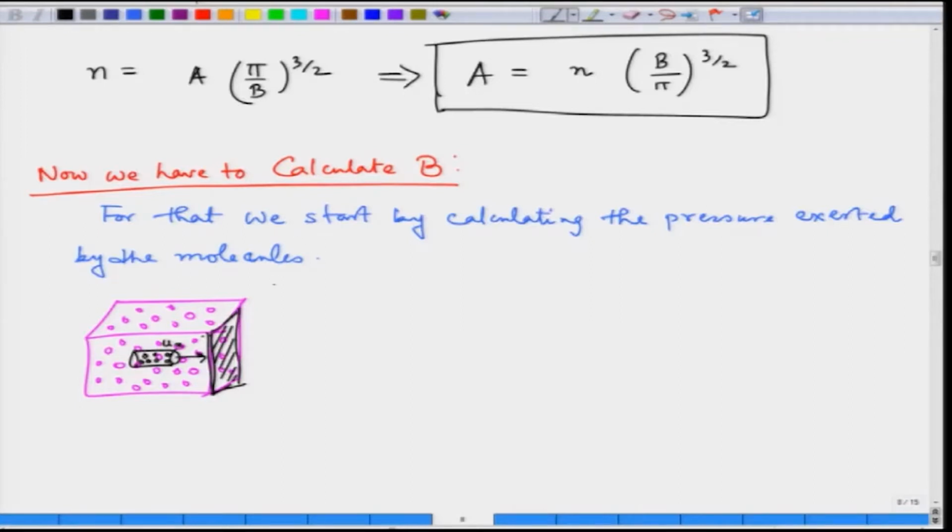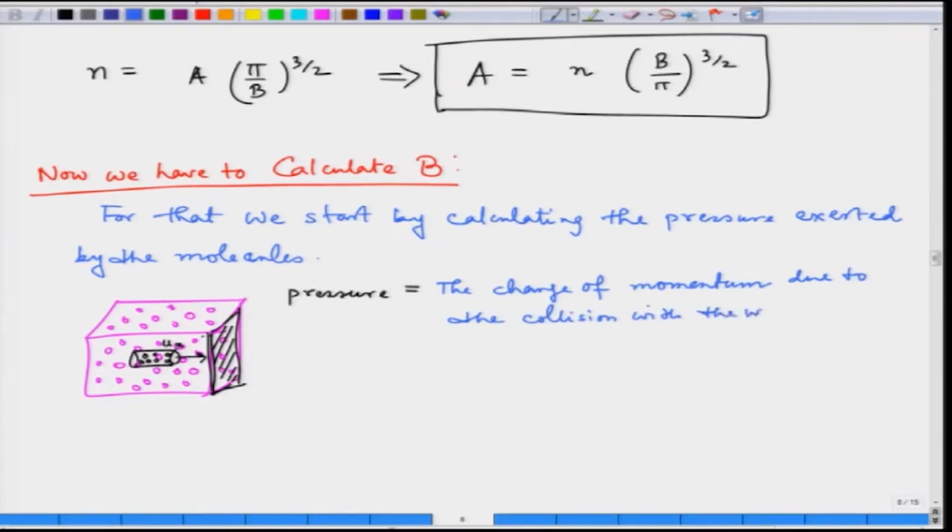The pressure is nothing but the change of momentum due to the collision with the wall per unit time per unit area.